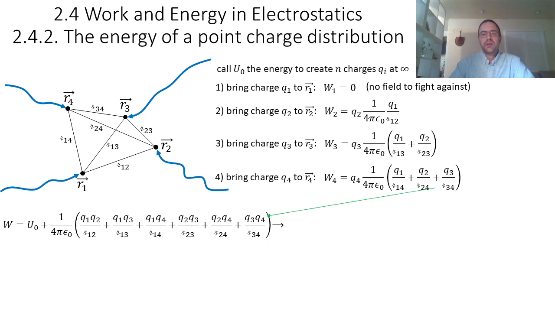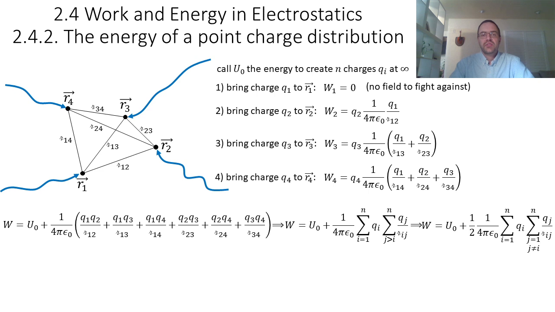Now we can write this in a more compact form. W is equal to U naught plus the sum of Q sub i with i from 1 to n times the sum of Q sub j over curly R ij, with j larger than i. This j larger than i in the sum is not super convenient, so another way to do this is to sum over all of the j's different from i.